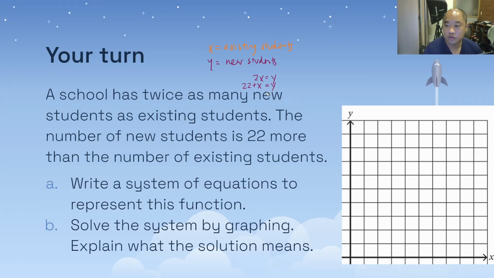Okay, so here again, we're likely going to have to relabel this. So let's do this by 5s. 5, 10, 15, 20, 25, 30. 5, 10, 15, 20, 25, 30. Okay. So the first one we can do is this one because this is already in slope-intercept form.